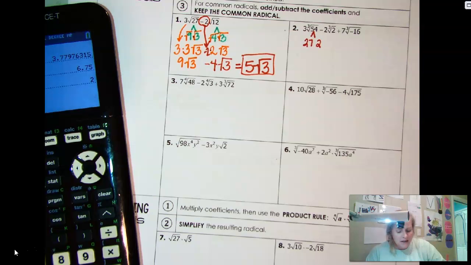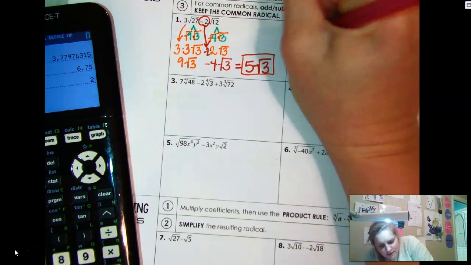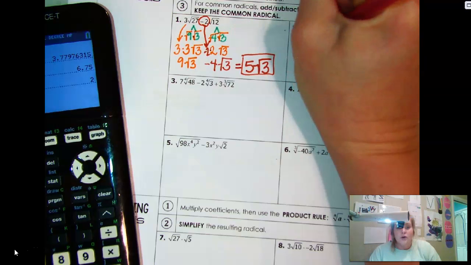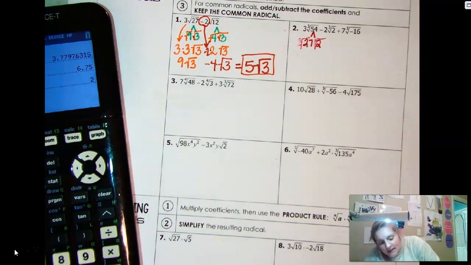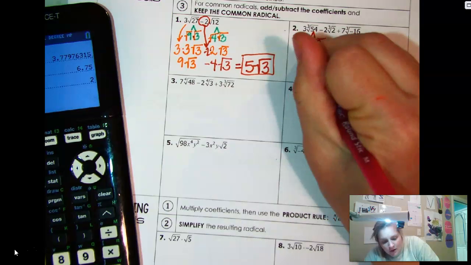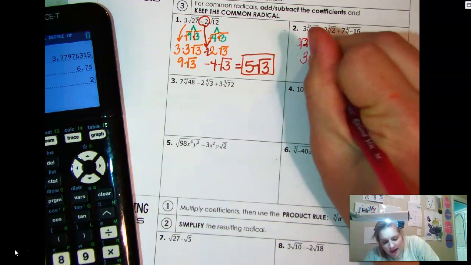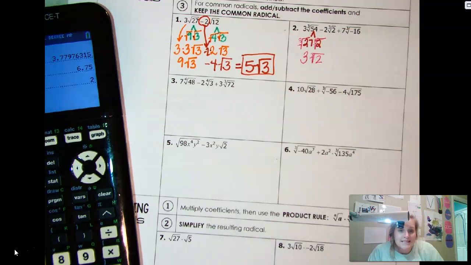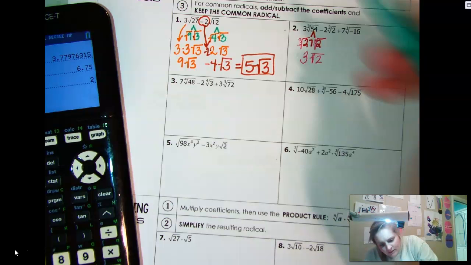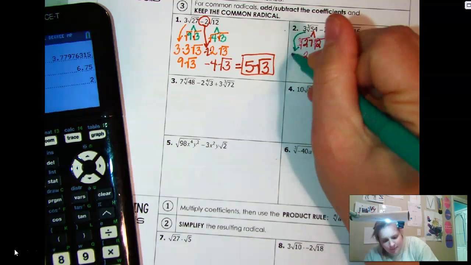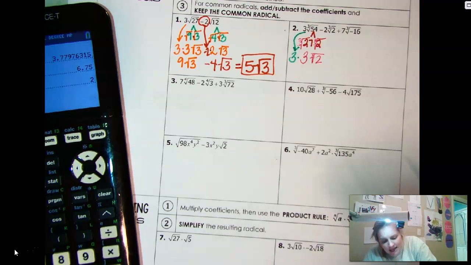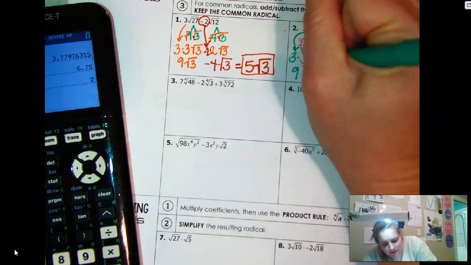Then I'm going to take the cube root of each of those. The cube root of 27 is 3. That cube root of 2 stays in the radical, and then you are going to bring down the 3. 3 times 3 is 9 cube roots of 2.